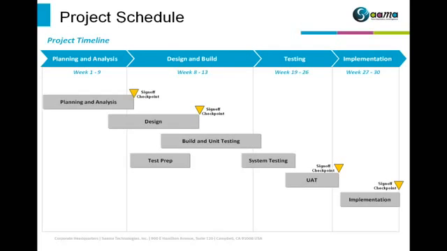If you see the layout here, the planning, analysis as well as the design take the majority of the effort upfront, because unless you plan and design it well, your eventual product is not going to meet your needs. You will also see a lot of testing being done here.